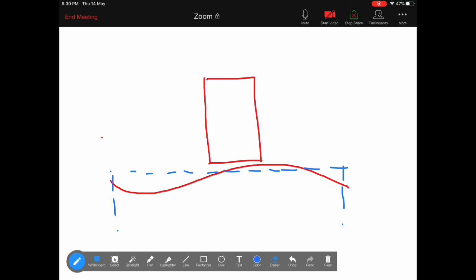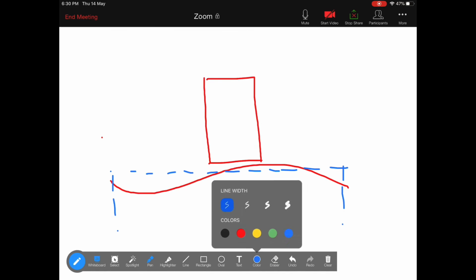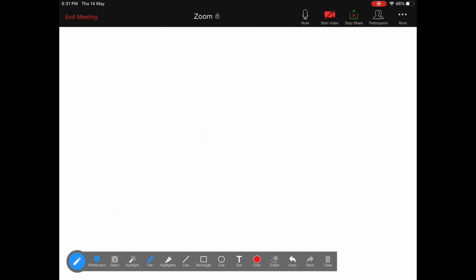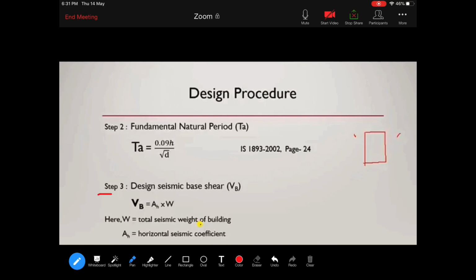So see here, our structure is oscillating like this. I complete the diagram. Our ground level, our structure oscillating like this, right? You see here, that is fundamental natural period.